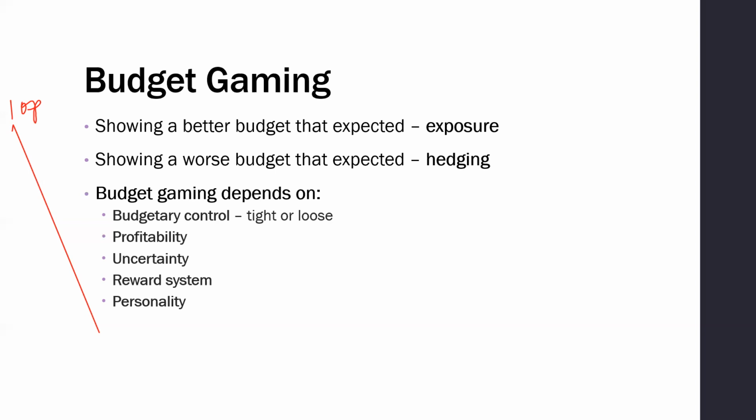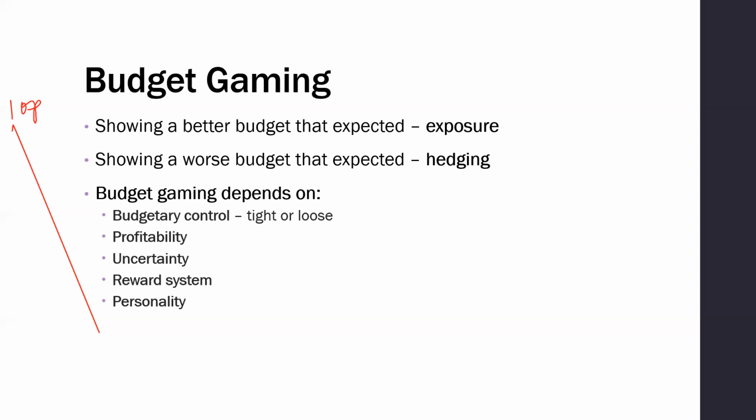So you are incentivized to overestimate sales and therefore increase the budget exposure. Okay? If you are in accounting, you have no revenues, you are incentivized to pad your budget. Make your budget bigger because we might suddenly have expenses in the future. Right? And so hedging is the issue there.